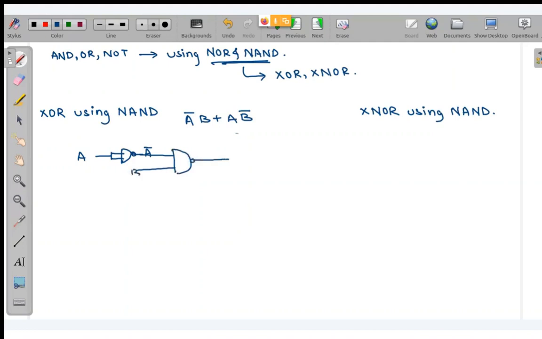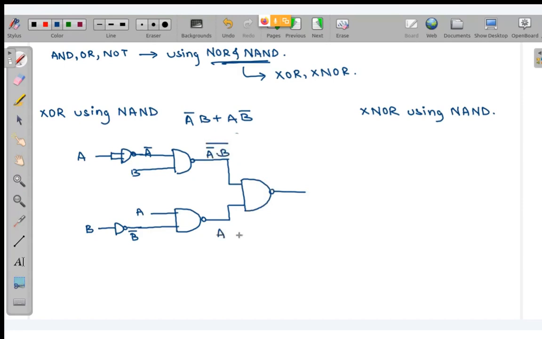This is B, and over here, this is B complement, and over here this is A. If I use one more gate, this will be, from here, (A dot B) whole complement, and this will be (A dot B complement) whole complement.